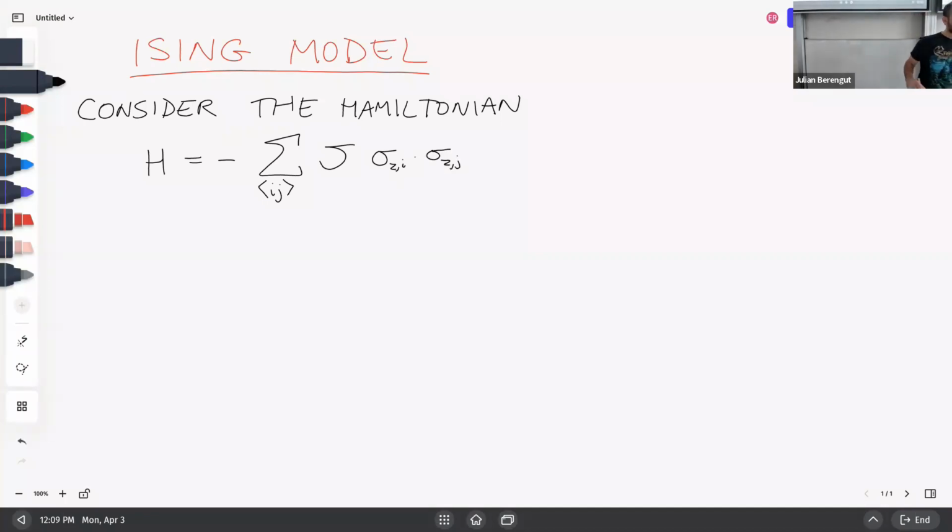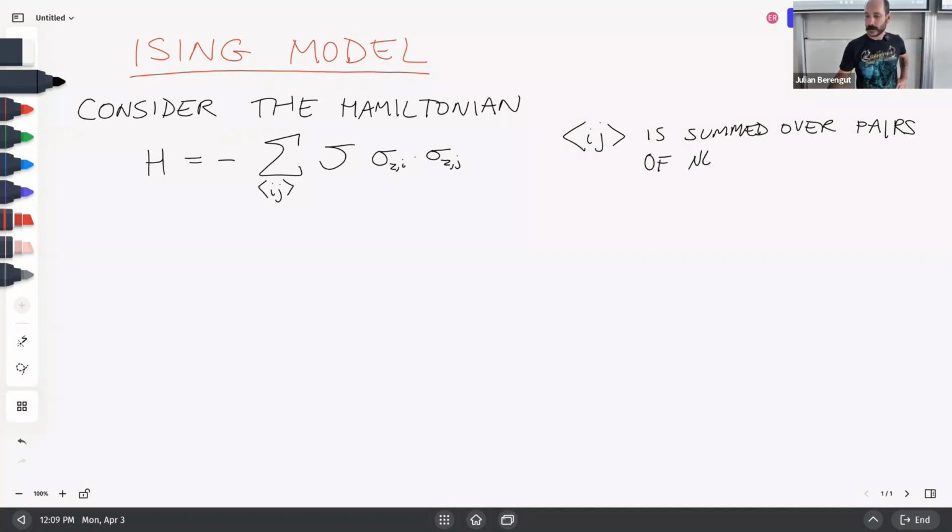So we'll just have two sigmas, and ij is the sum over pairs of nearest neighbor spins, and J greater than 0 is just some energy scale.